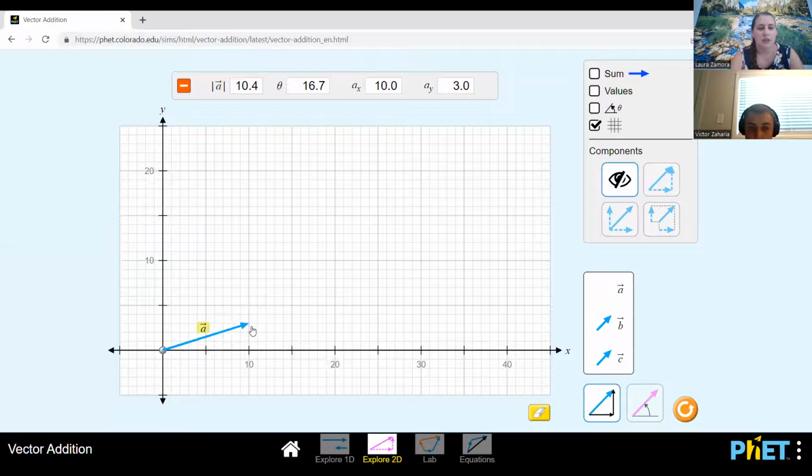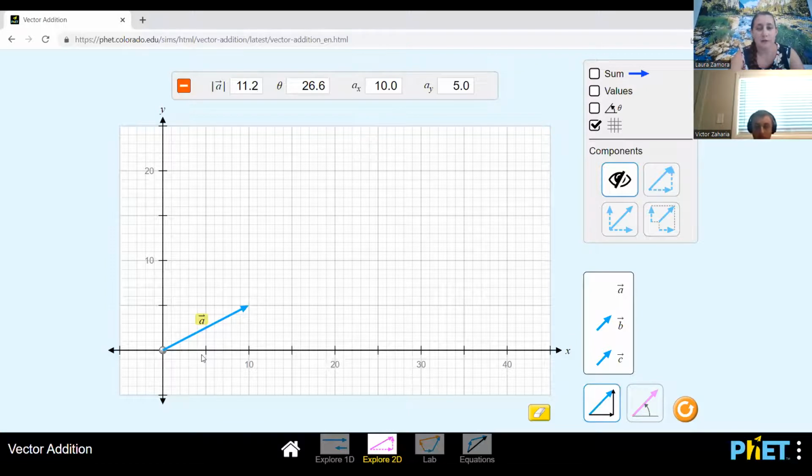So we can change it around. We can change the magnitude. We can change the direction. And we can see that by doing that, we're also changing the components of this vector as well. So right now I have it set so that our vector is 11.2 boxes in length.